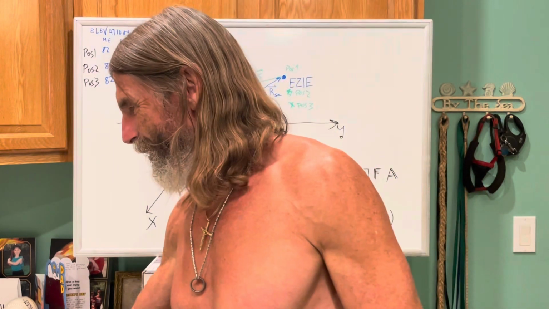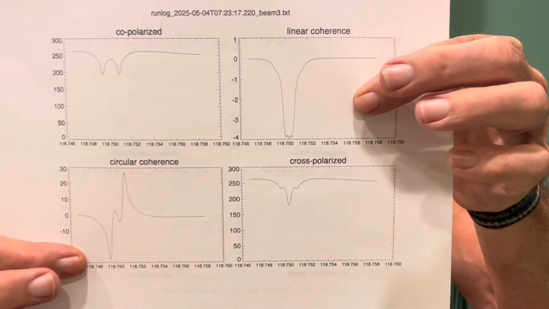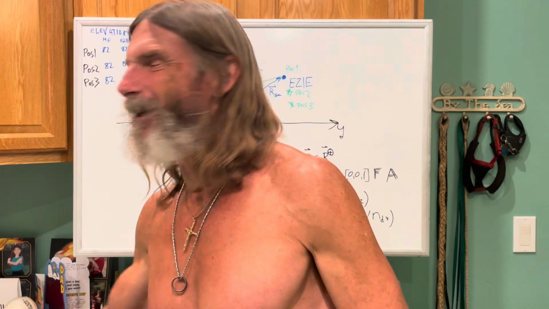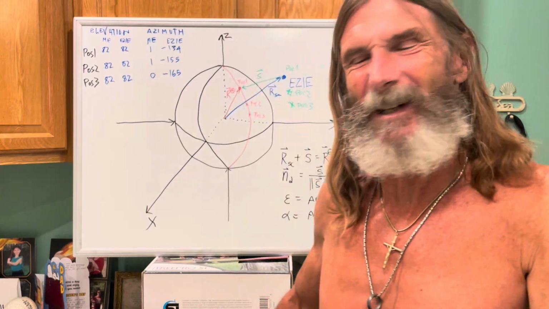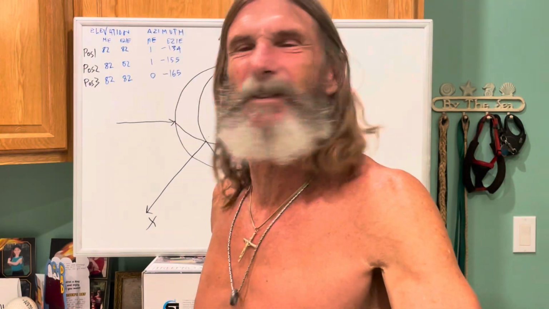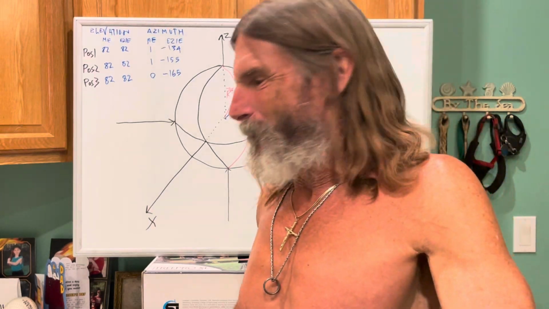In particular, the really hard to model components are the linear coherence and the circular coherence. These two panels here are hard to model with the satellite measurements. Apparently the open source software is not getting the shapes of these right. It's doing the other two polarizations fairly well, similar to my model, but MLS was getting that right.